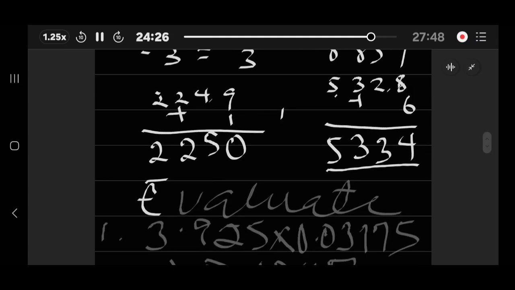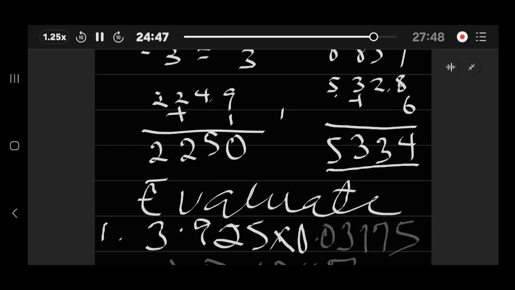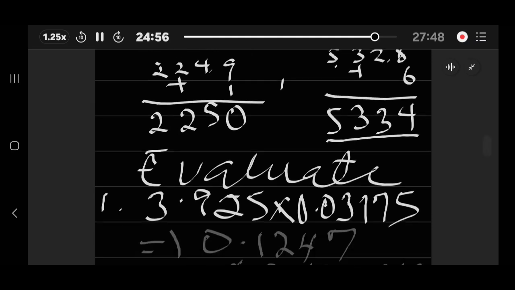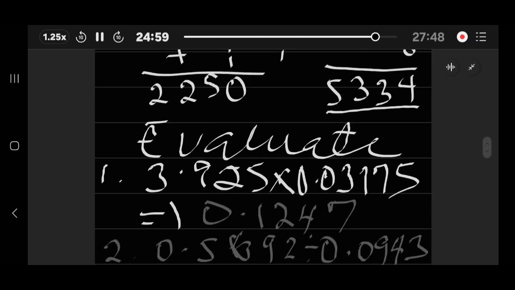Evaluate 3.925925 times 0.03175. If your answer is correct, your answer will give you 0.1247.